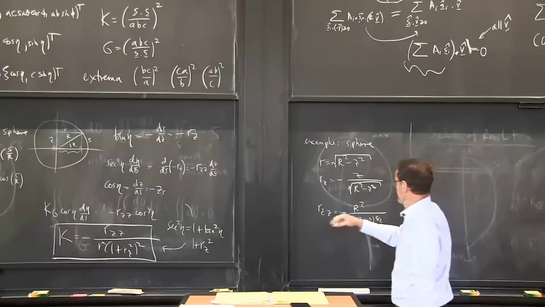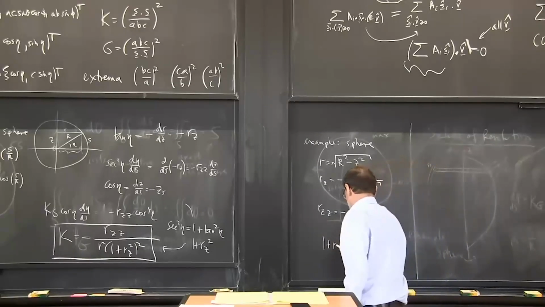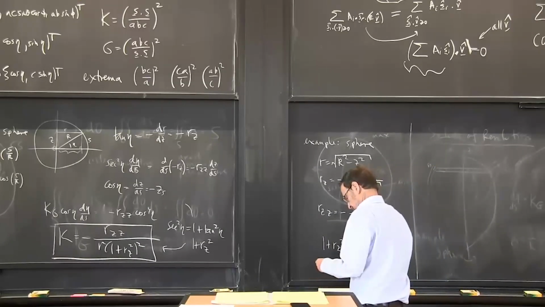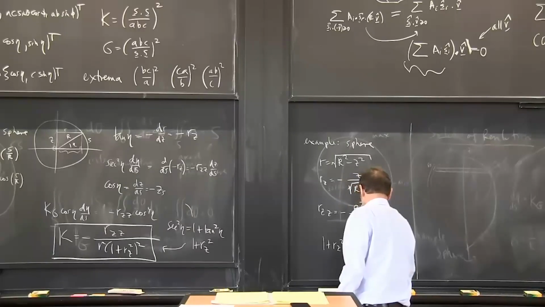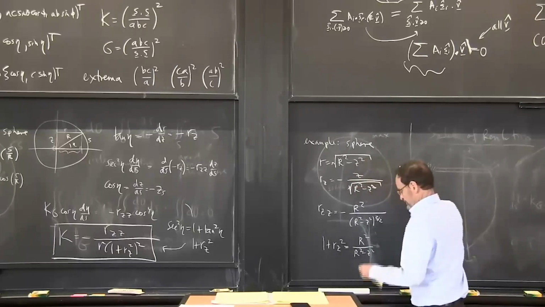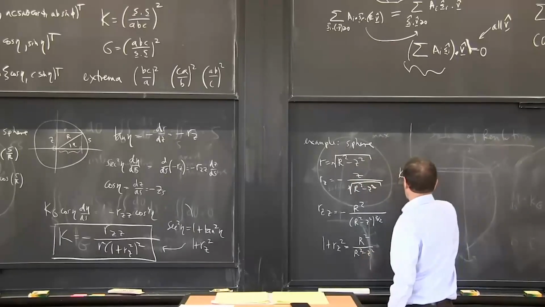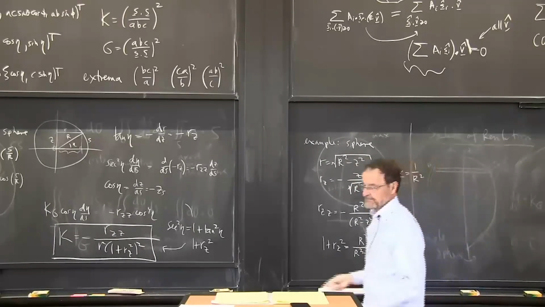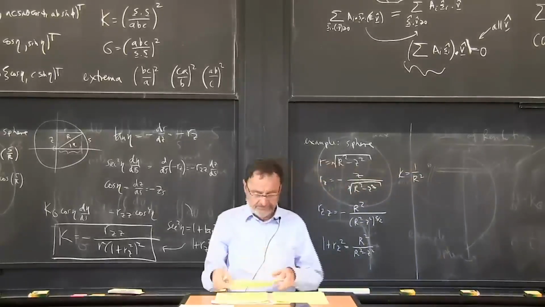But we need the second derivative, so we differentiate again, and we end up with... and let's see, the other thing we need is 1 plus r_z squared. And if you put it all together, ta-da, we get the correct result.